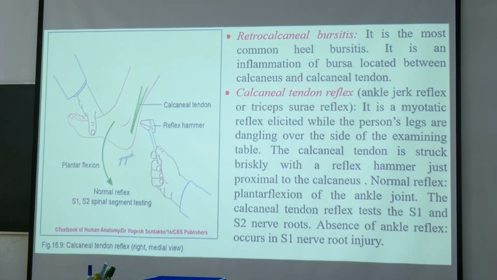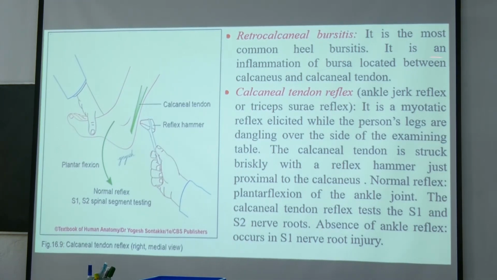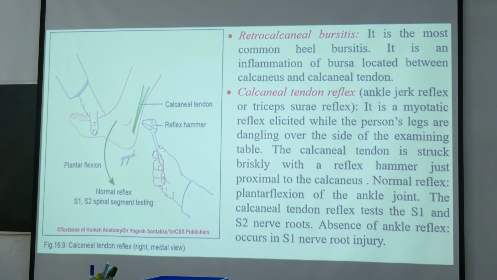Okay, and these are also clinical aspects. Retrocalcaneal bursitis, most common heel bursitis, inflammation of bursa located between calcaneum and tendocalcaneus. Okay, and calcaneal tendon reflex, ankle jerk, is done here.